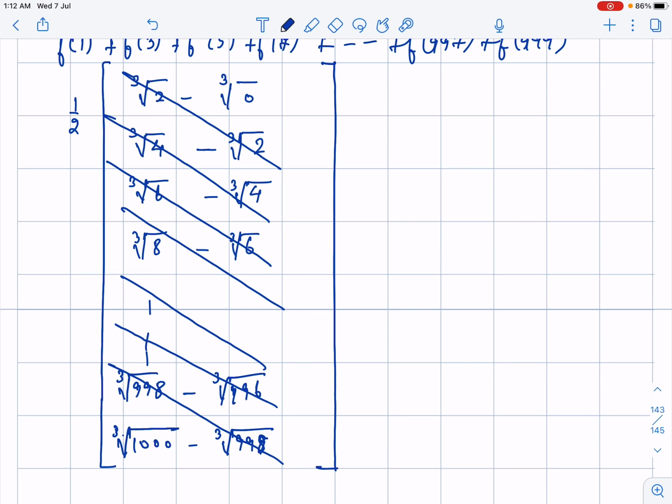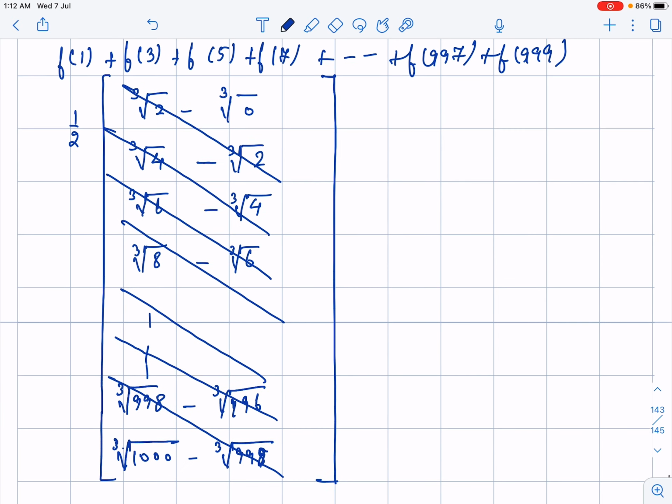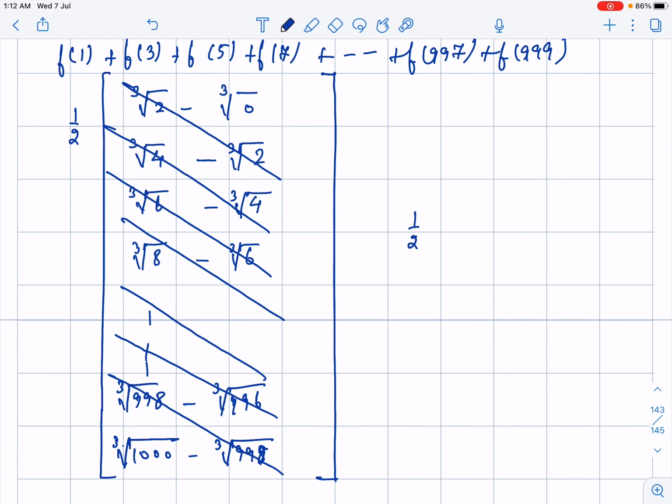Here it is 998, that is 999 minus 1. So finally you will be remaining with 1 by 2 times cube root of 1000, that is 1 by 2 times 10. So 5 will be the final answer for this question.